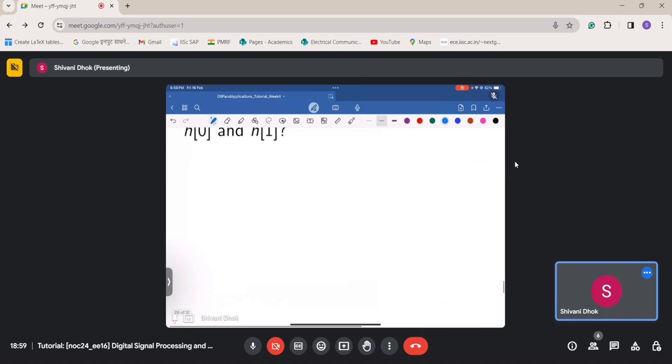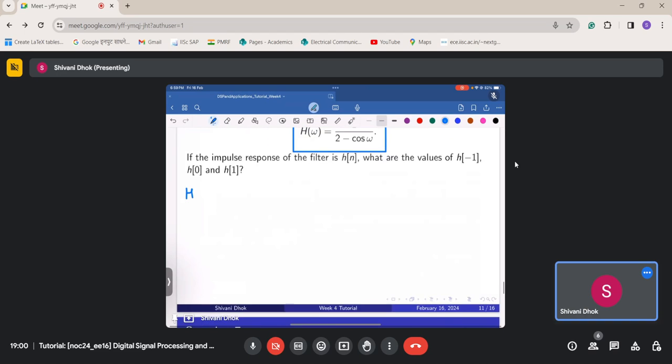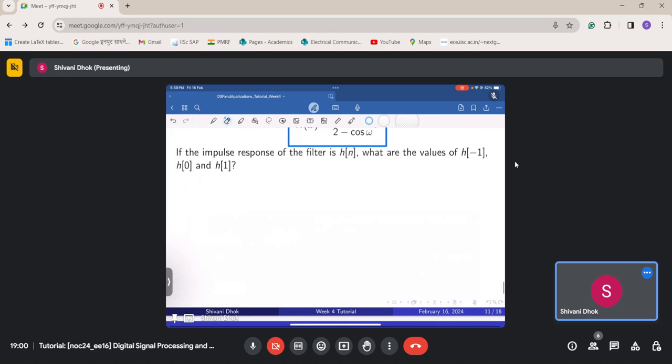So what we have is H of omega as 1 upon 2 minus cos of omega.